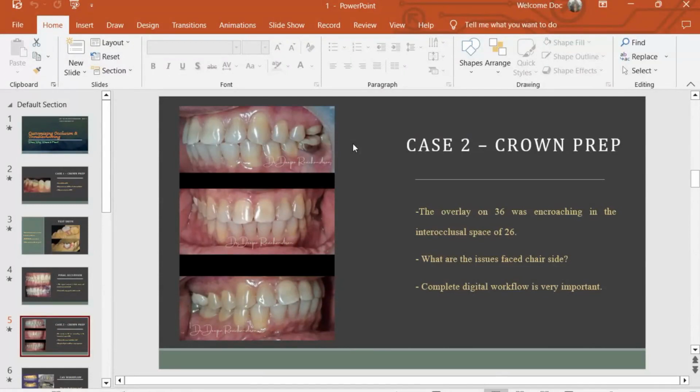So I am never very keen to do osseous reduction in patients because, for me to be able to give a crown with a decent interocclusal space, I would need to reduce at least another 1 to 1.5 mm of the occlusal space, which means that I would need to increase the length of the tooth by 2 mm.